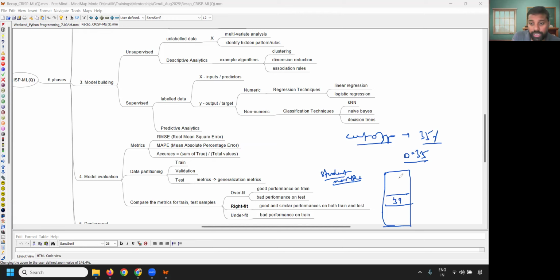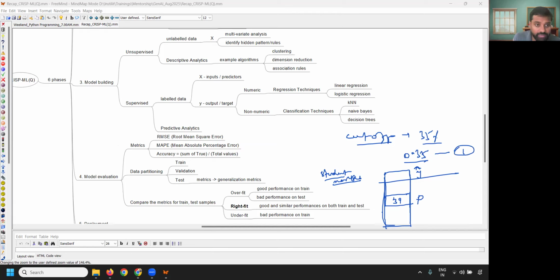So what will be our predicted result here for this particular student, given the cutoff is 35? Is this student pass or fail? Pass, right? So given this cutoff, the student is passed.